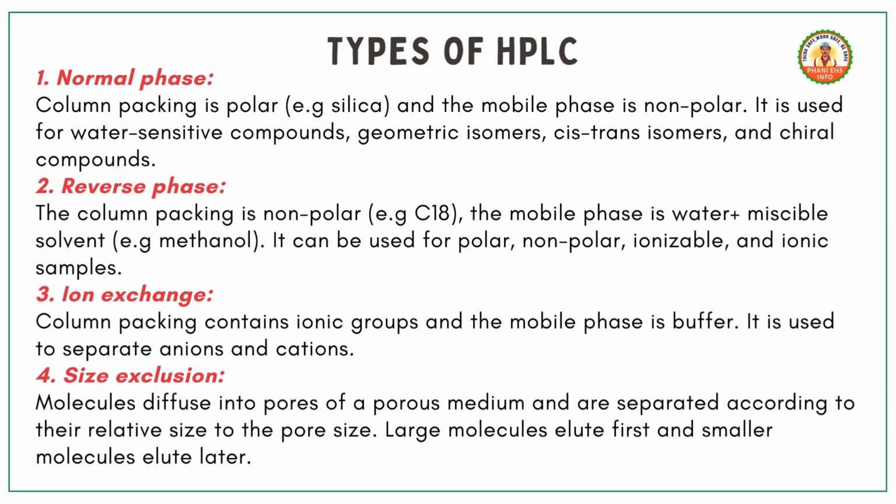Ion exchange, equipped with ion-containing stationary phase material and a buffer-based mobile phase, facilitating the separation of anions and cations. Size exclusion, leveraging porous stationary phase material, molecules diffuse into pores and are separated based on size differences.